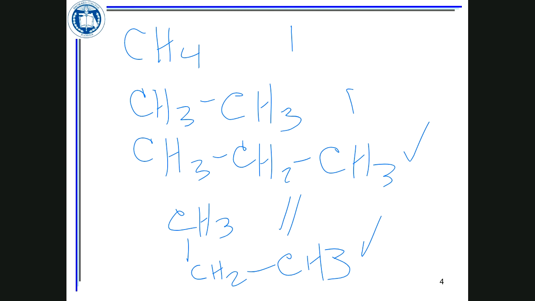So for methane, ethane, propane, we have one structure only. For one-carbon, two-carbon, or three-carbon alkane, there's just one possible structure. When it comes to 4 carbon, you could have CH3, CH2, CH2, CH3.